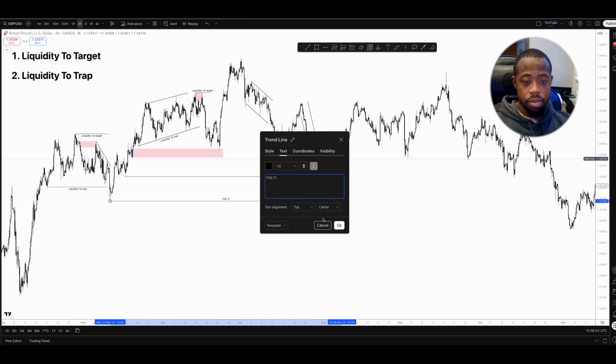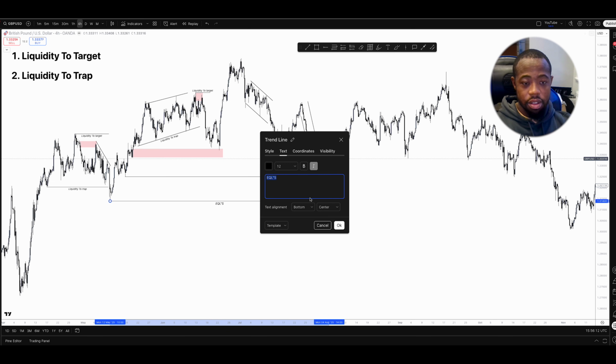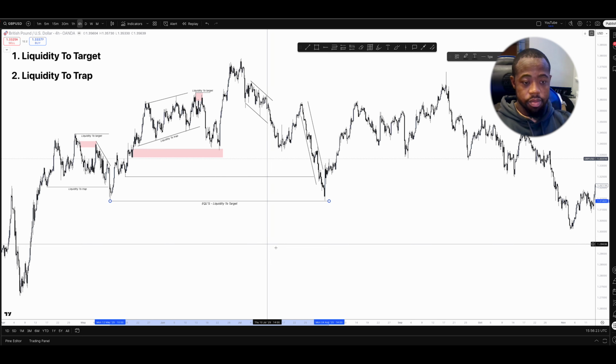equal lows. Okay, this is not a coincidence. This is done on purpose. But what does it mean? When price moves away from it, what does that mean? We now have our liquidity to target. Okay?